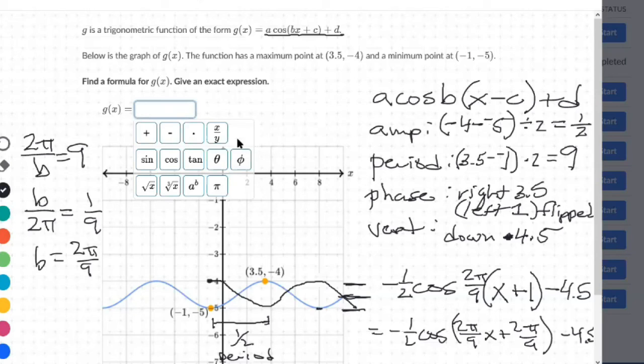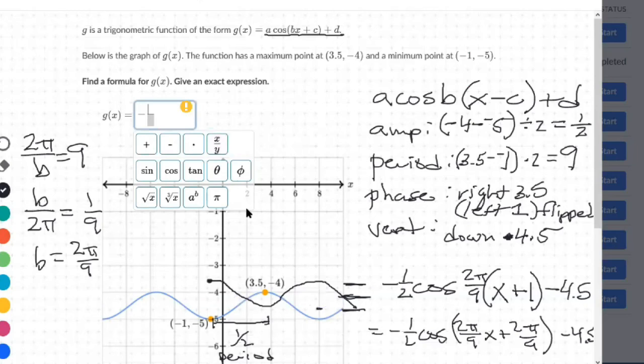So I'm going to start by putting a negative sign, and then 1/2, and then cosine, and then parentheses.